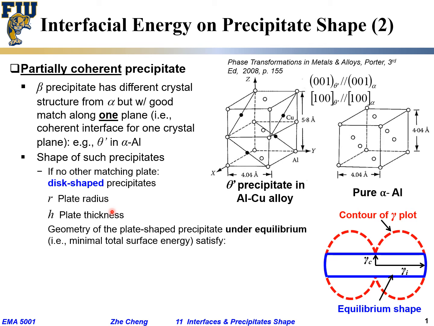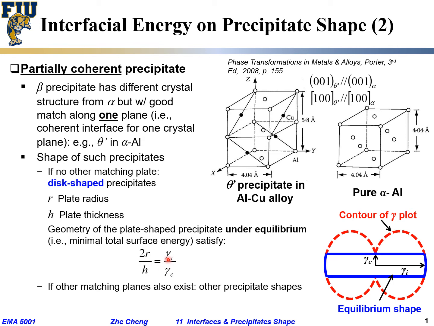Under equilibrium, you are trying to minimize the summation of the total interfacial energy. The geometric relationship would be 2R over H equals gamma I over gamma C. Okay? And it just tells you a certain relationship between radius and the height.